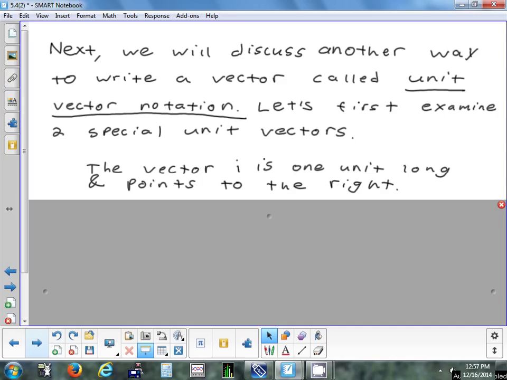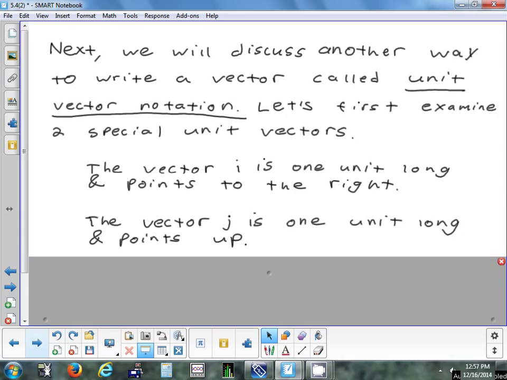Right, so the vector i, okay, that's a special unit vector. It's 1 unit long, and this is going to be a unit vector that points to the right. Okay, points 1 unit right. Okay, we've got another vector, vector j. That's also going to be a unit vector, and that's going to be pointing up 1 unit.